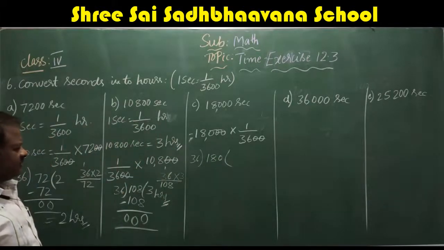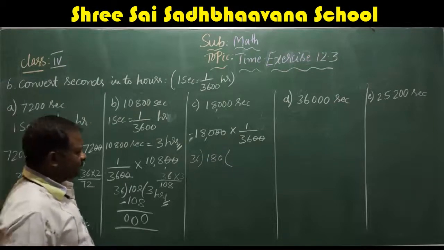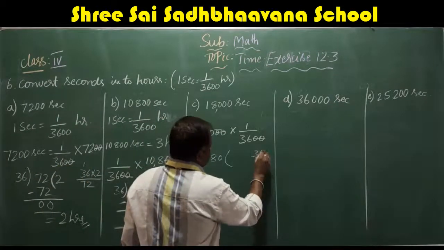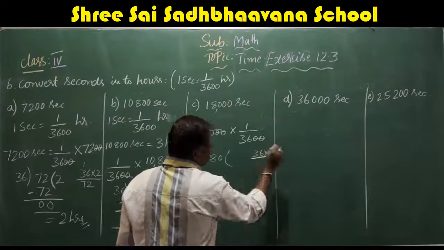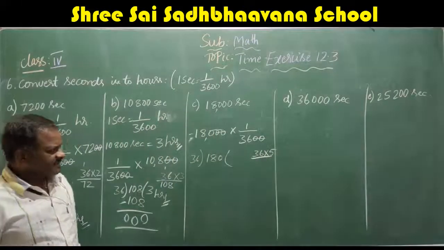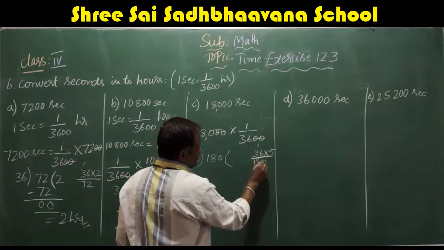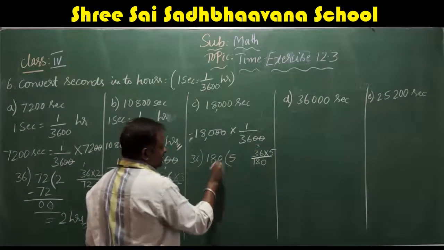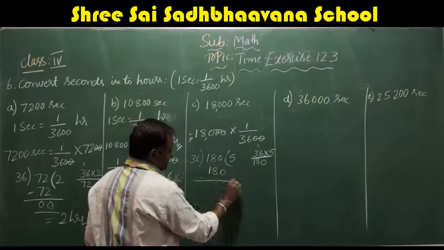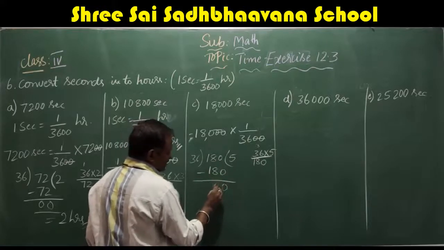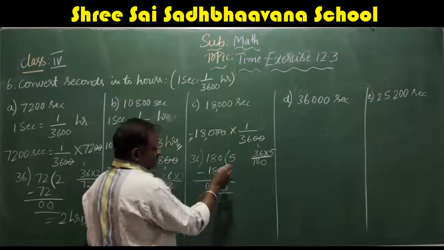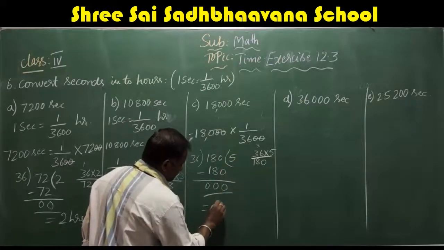How many times will it go? 36 fives are: 5 sixes are 30, carry 3, 5 threes are 15 plus 3, 18. So 36 fives are 180. Subtract: 0, 8 minus 8 is 0, 1 minus 1 is 0. So you will get 5 hours.